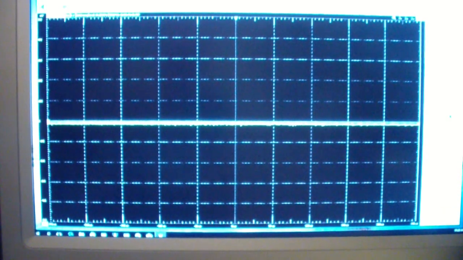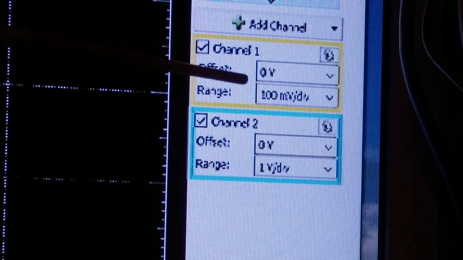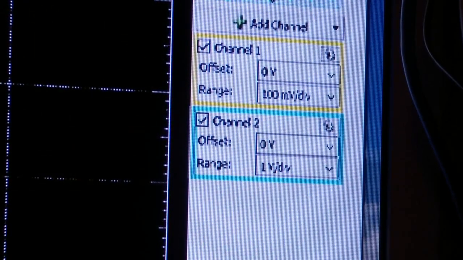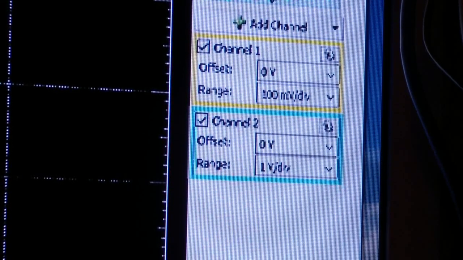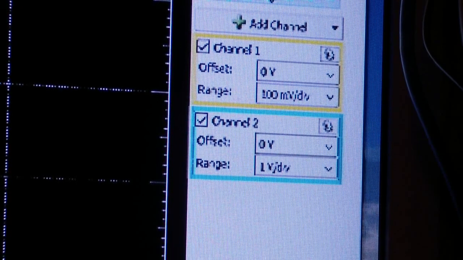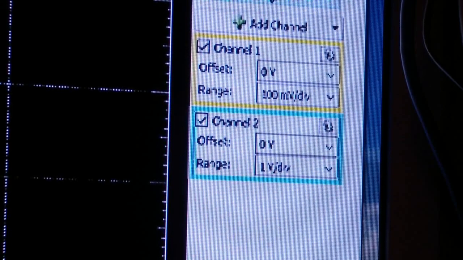I've connected up the Analog Discovery 2 to the circuit. Channel 1 is set up to 100 millivolts per division, and channel 2 is set up to 1 volt per division. Why did I do that? Well, remember what we were looking for. We're looking for a gain of approximately 10. 100 millivolts is 1/10 of a volt.